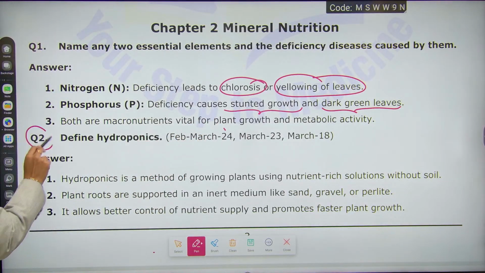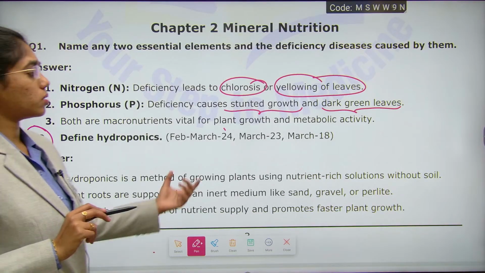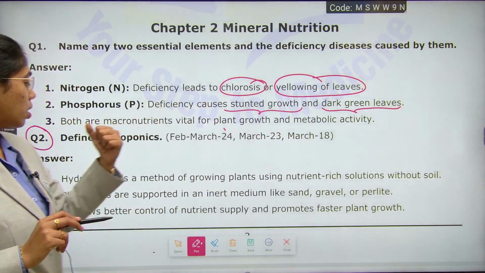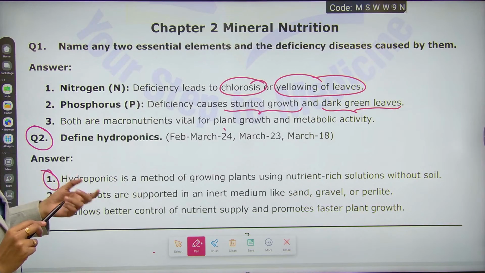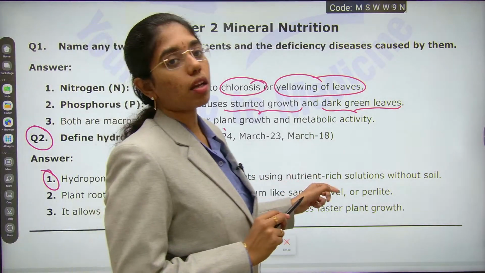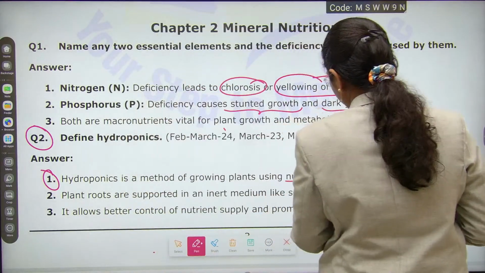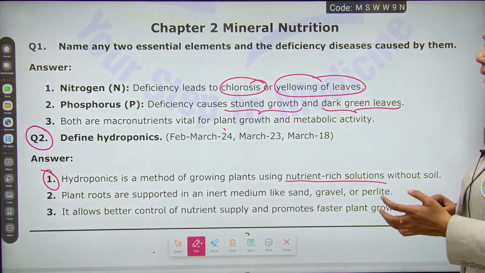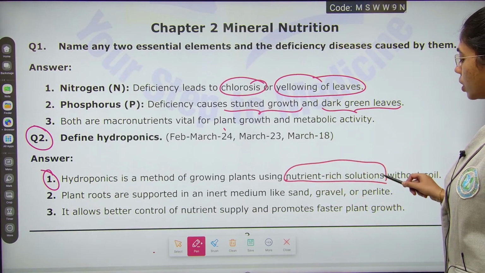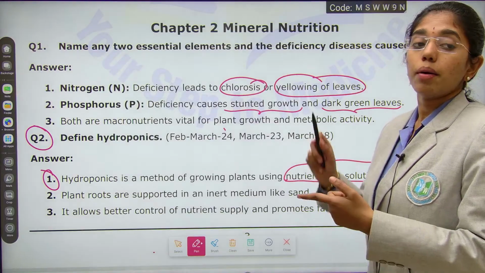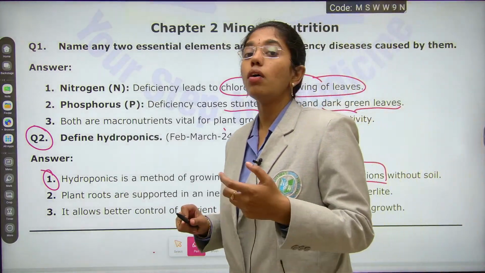Next, define hydroponics. Multiple times asked question. Hydroponics is a method of growing plants using nutrient rich solutions, where plants are being grown without soil.